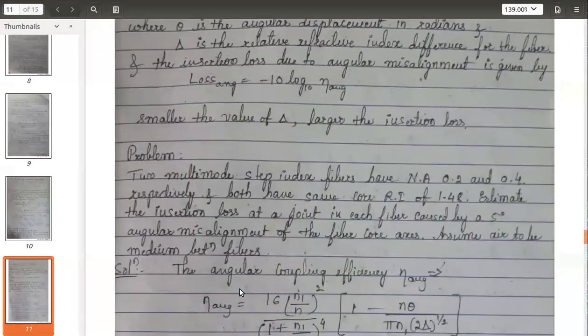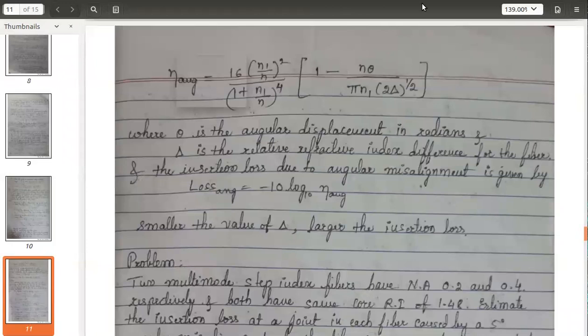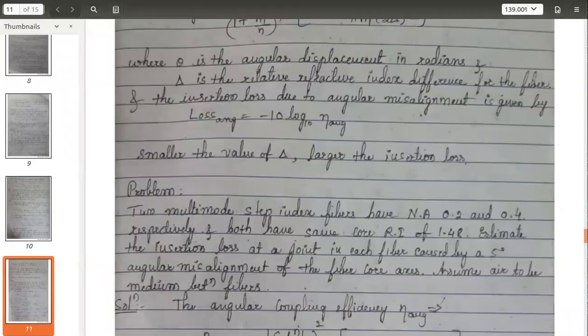Coming to one simple problem, ये direct substitution problem है. You can see two multi-mode step index fibers. They have a numerical aperture of 0.2. Here in the given problem, numerical aperture is given to you, okay, and a 0.4. So NA is given as 0.2 and 0.4, two multi-mode step index fibers. Both have the same core refractive index. Core same है दोनों के लिए 1.48.